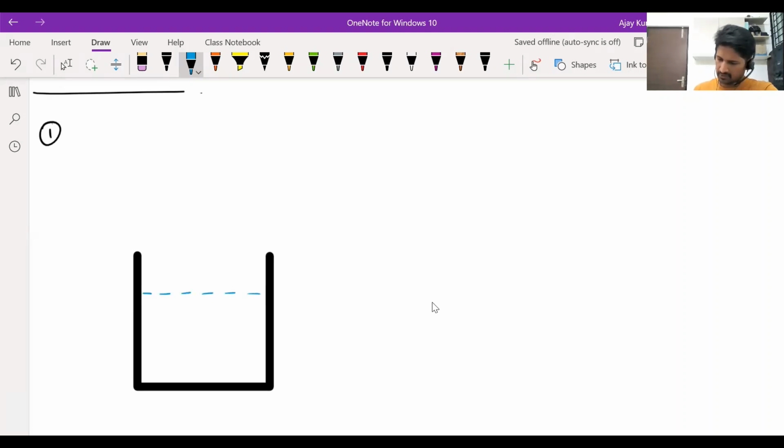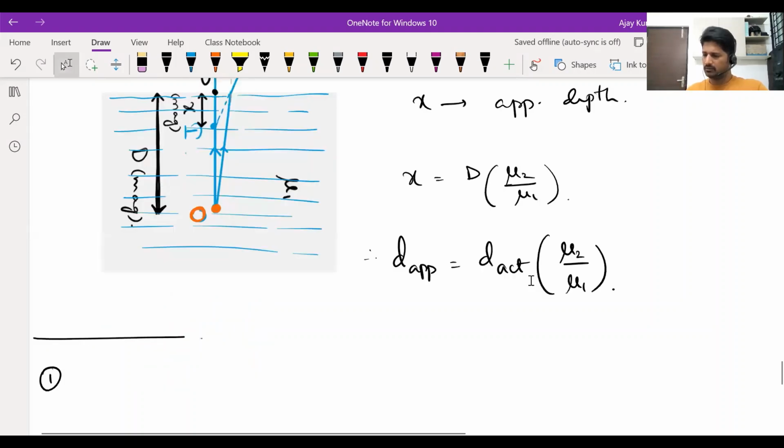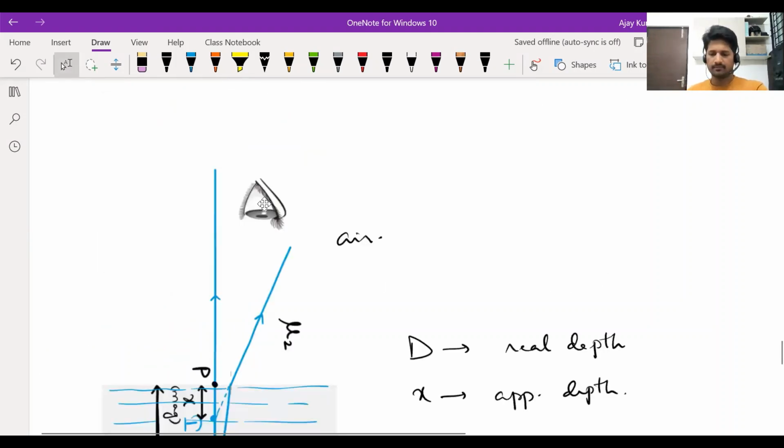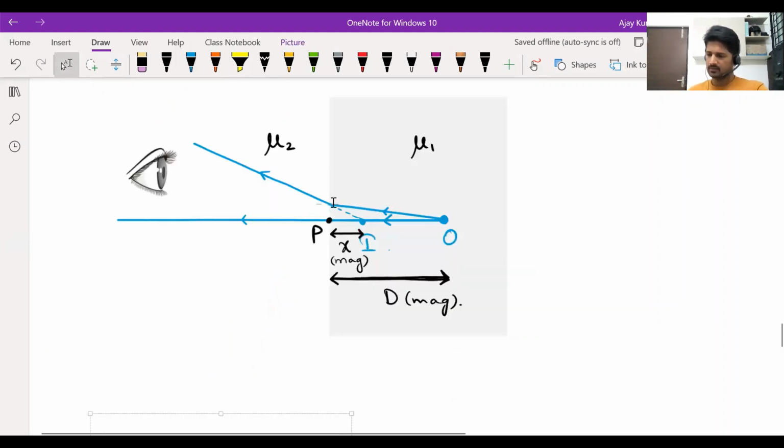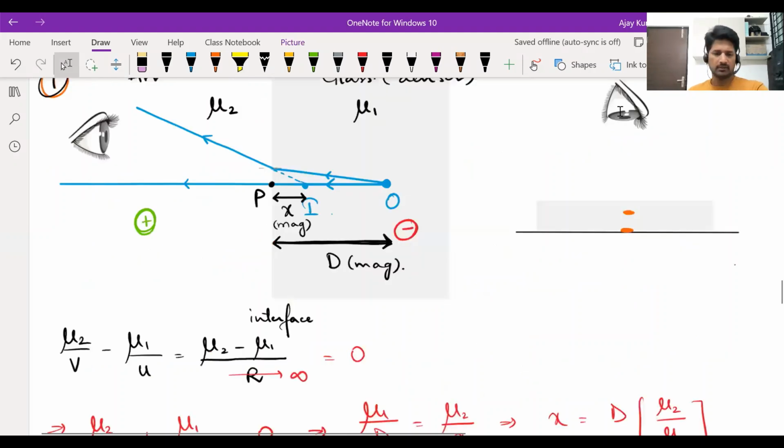Assume water is filled till this level. Refractive index of water is 4/3. Refractive index of air is 1. Okay, that need not be mentioned actually. There's actually one more thing we need to be careful about.